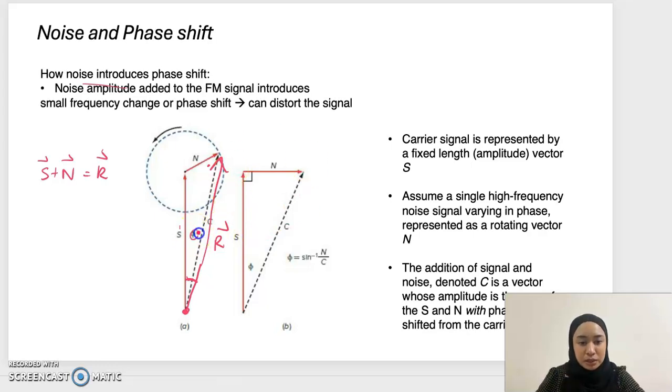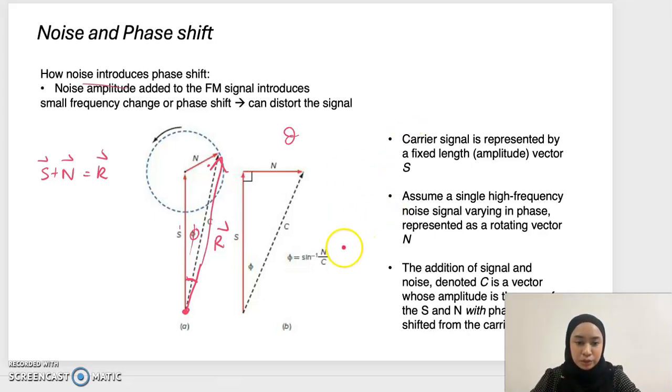Oh, it's actually this angle, not this. Sorry, my bad. It's actually phi, not theta. Phase shift is always referring to the original signal. Because it's a shift, you shift from something. So the phase shift is with respect to the signal.